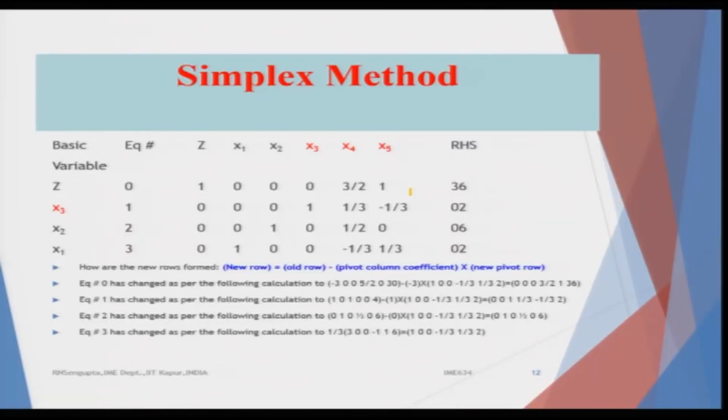If x1 enters, you will try to find out who would be replaced by x1. Now, when x1 enters, as you can see from this graph, obviously x5 leaves. So, you will again consider the division of the right hand side column, the b vector which is being changed, divided by the corresponding coefficients of the pivot column elements.